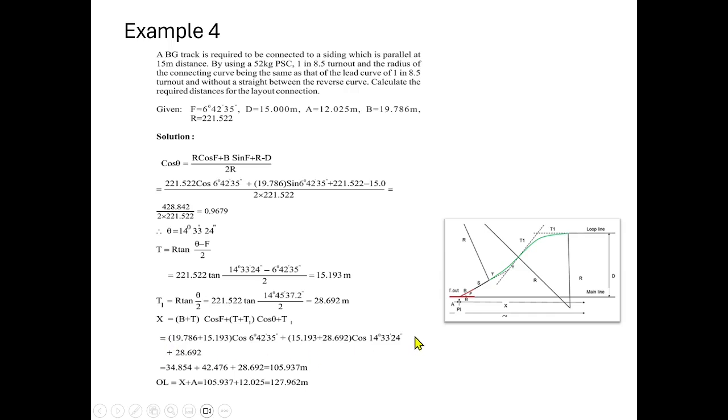Substituting these values, we get the x distance equal to 105.937. To get the overall length, we add this A distance, A is given as 12.025, with the overall length. We get the overall length equal to 127.962 meter.